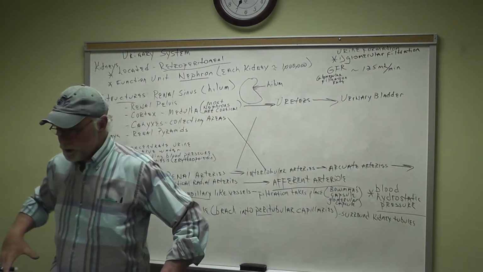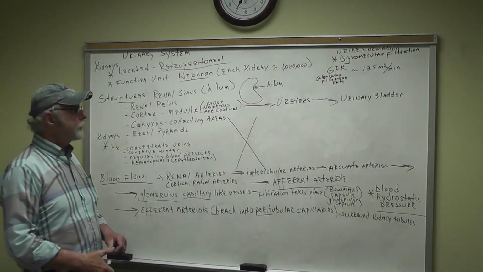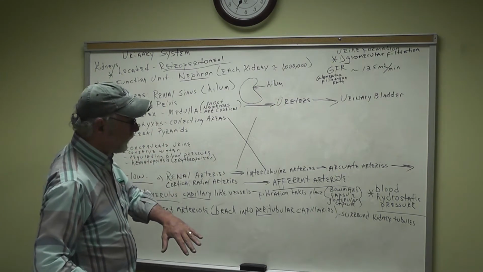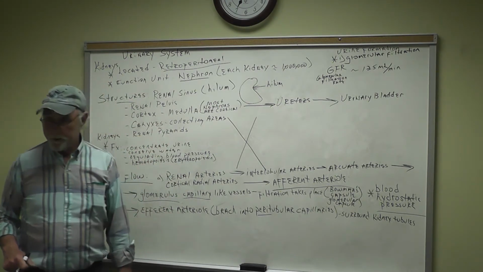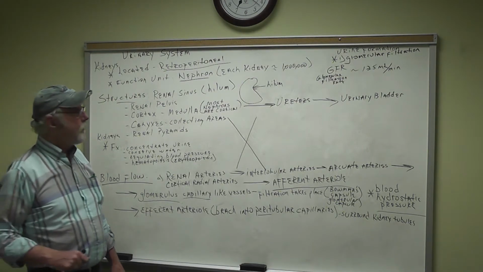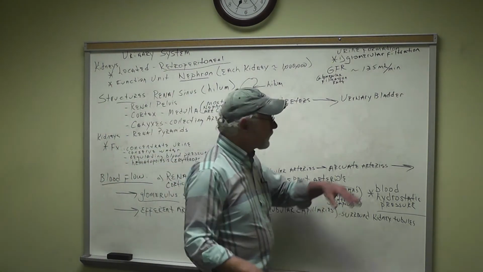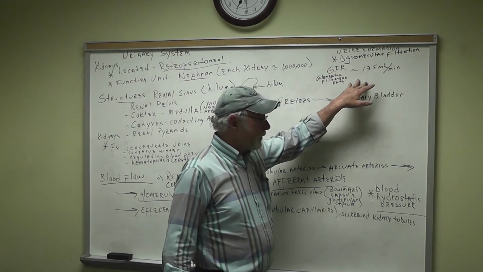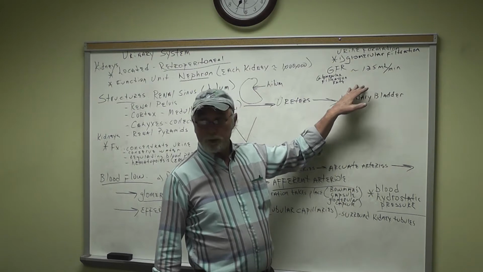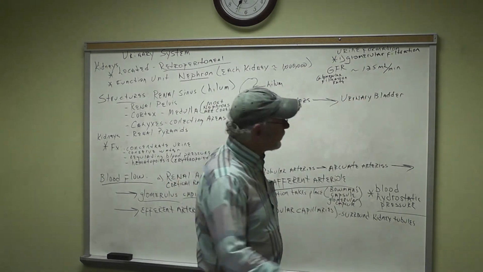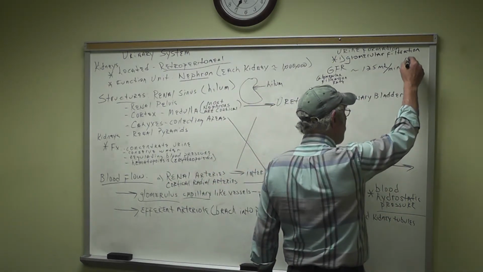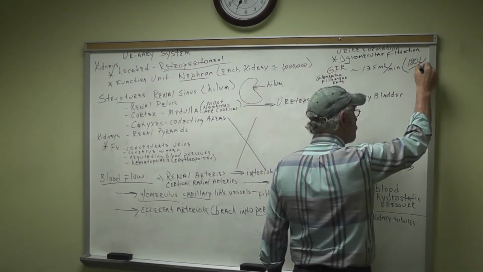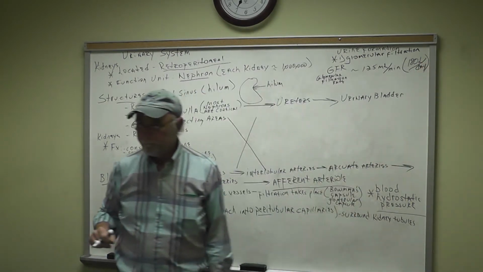So we're squeezing out this water and dissolved substances at a rate of about 125 milliliters per minute. Is a milliliter a cc? Yes, they're equivalent. Now, if you do the math, 125 milliliters per minute times 60 minutes an hour times 24 hours a day, it equals about 180 liters of this fluid being filtered per day.